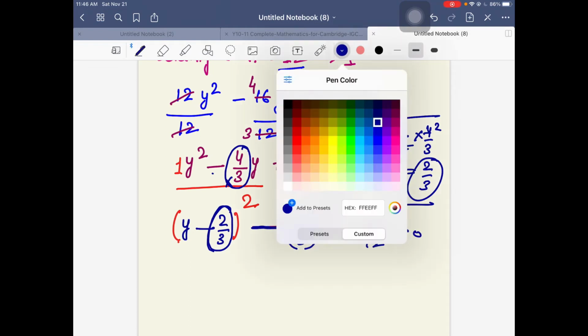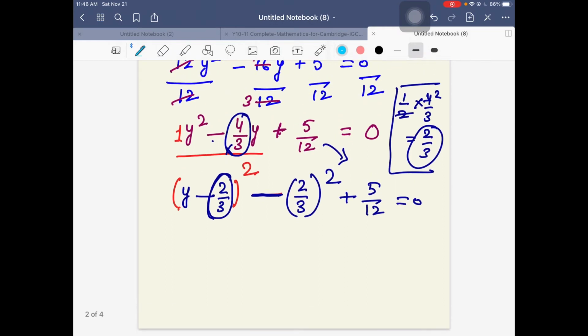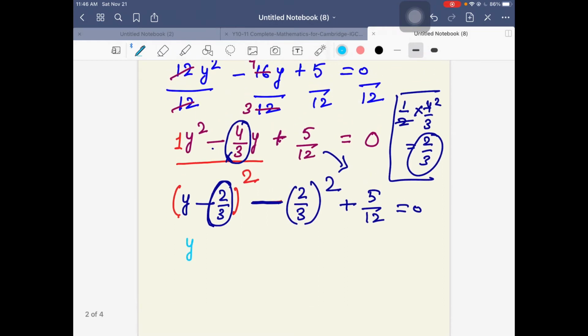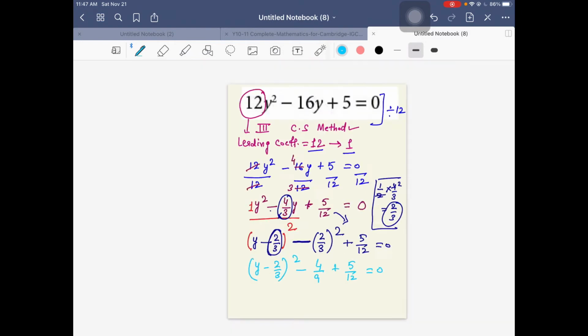After that we get y minus 2 by 3 squared minus 2 by 3 whole squared, which is 4 by 9, plus 5 by 12 is equal to 0.